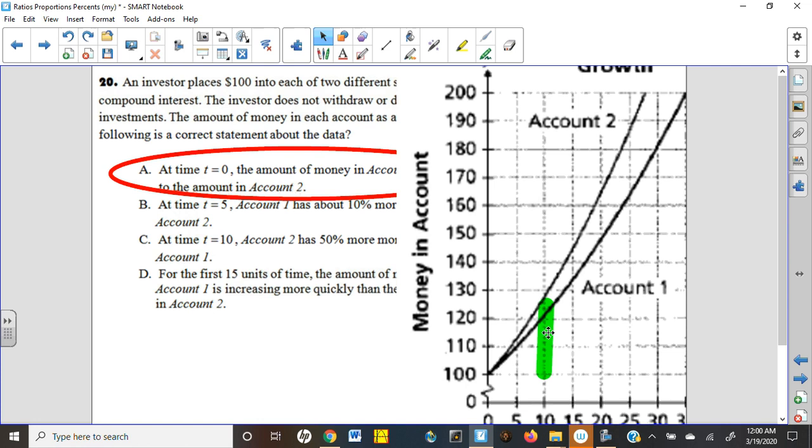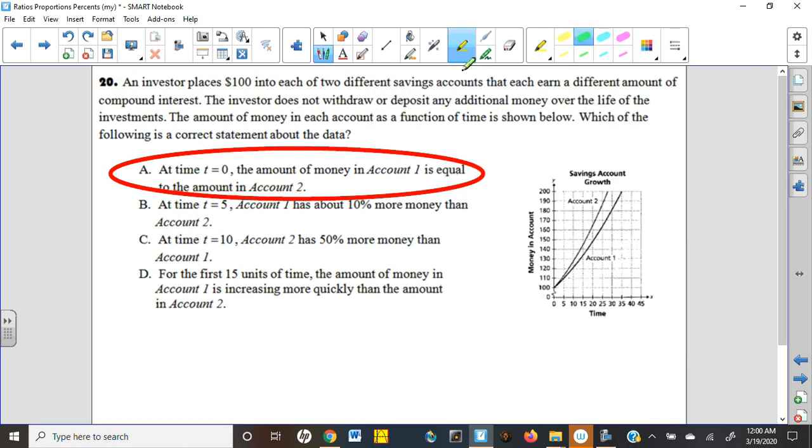So 122 to 128, that's only about 6. And 6 divided by 120, honestly, is only about 5%. Okay, it's only about a 5% difference. This wanted us to see if it was 50% more. So definitely that's way too much. So that's not true.